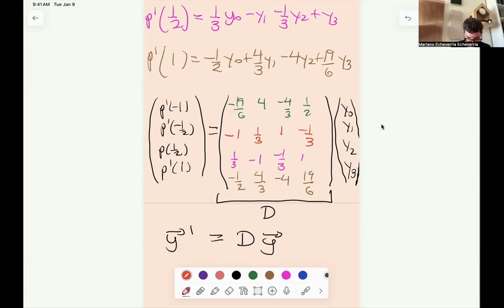This is a vector y prime, or p prime, like I could also have called this p prime, I suppose. Is that okay? Questions about it so far?